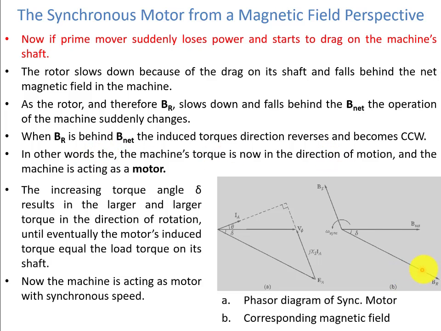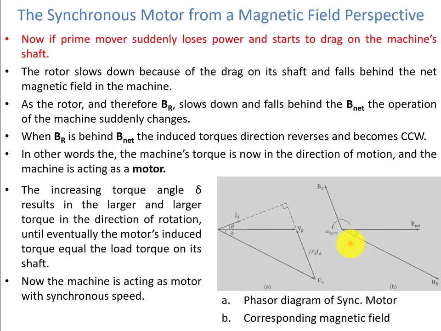Now BR is behind B net, while in the generator BR was ahead of B net, and that was causing the clockwise torque. In the generator we had the external prime mover; now we have removed it, so the rotor is rotating by itself and obviously it will drag behind.